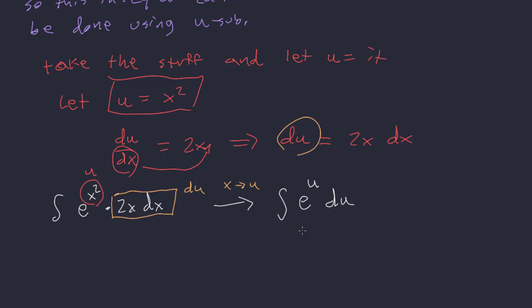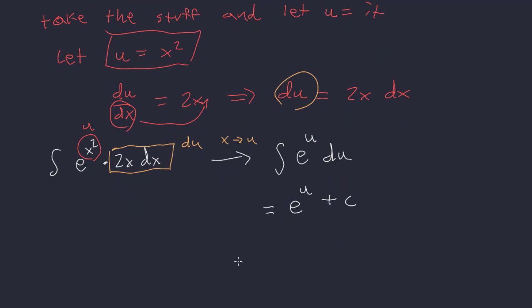All right? And the integral of e to the u du is just e to the u plus c. And now we don't want to leave this in terms of u, so we're going to translate it back from u's into x's. To do that, we just replace that u with the x squared.